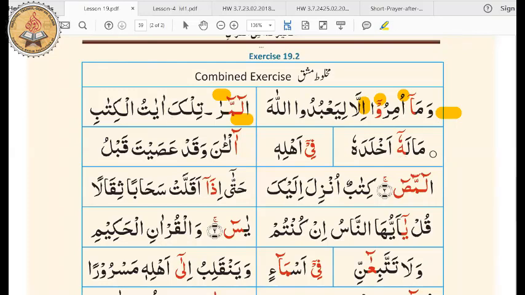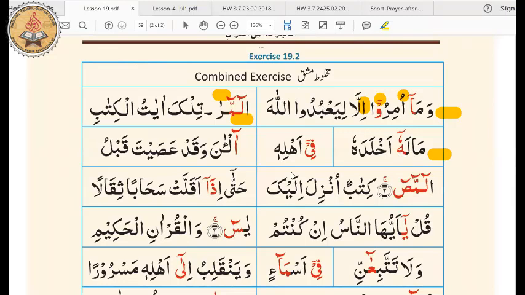Can you read this one, please? Malahu. How long the who sound be? 3 seconds. So minimum 3, and this one is inverted dhamma, so 2 second this one. So malahu. Malahu.